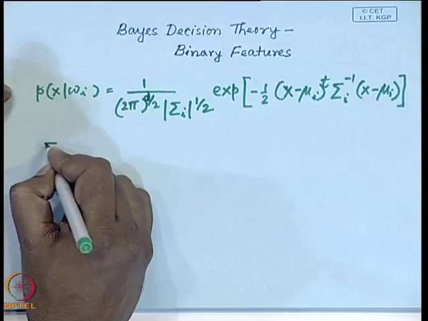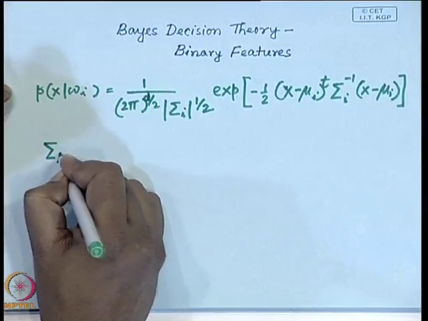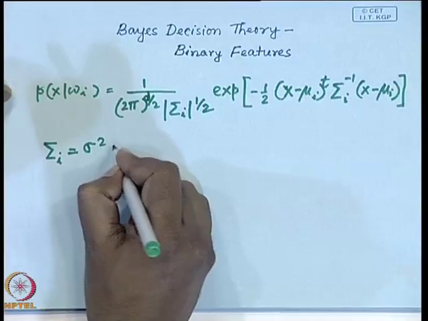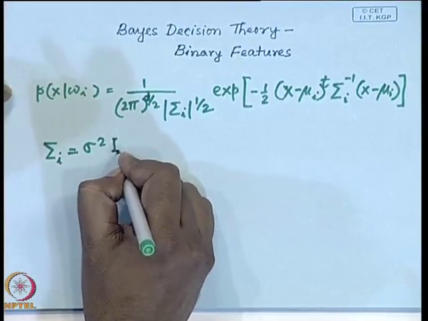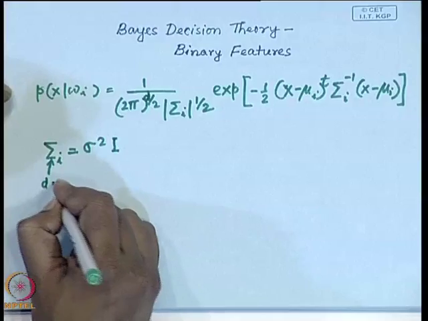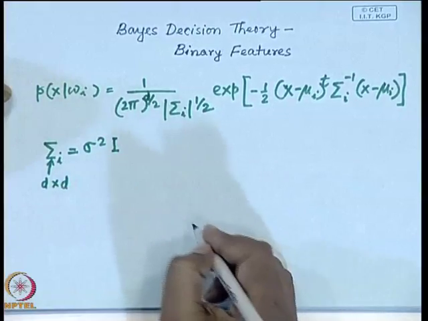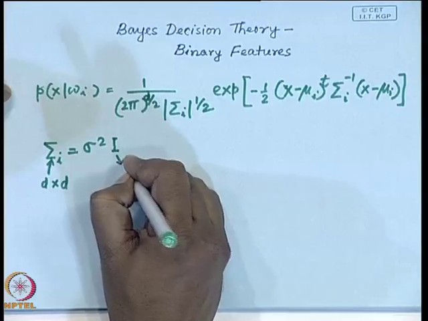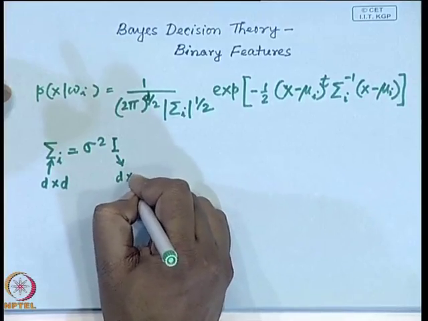So, the first case we have discussed is if the covariance matrix for every class I is of the form sigma square into identity matrix I, where this covariance matrix is of dimension d by d, where our feature vectors are of dimension d, and this identity matrix is also of dimension d by d.